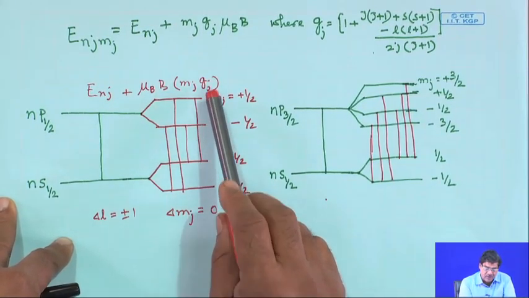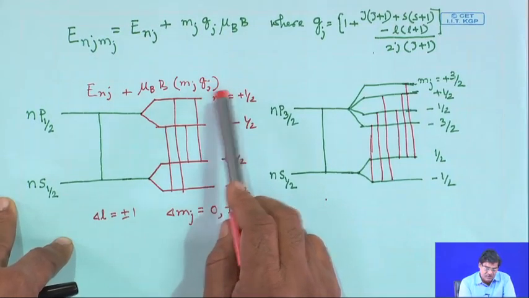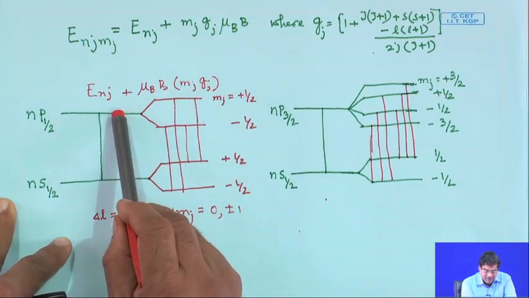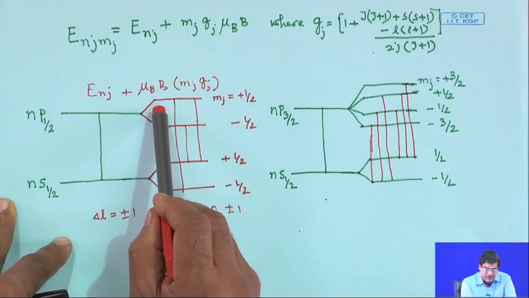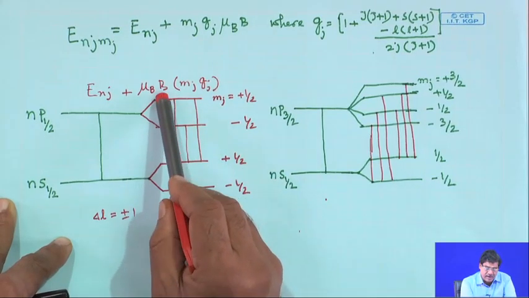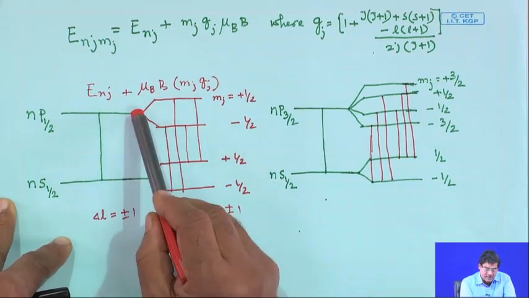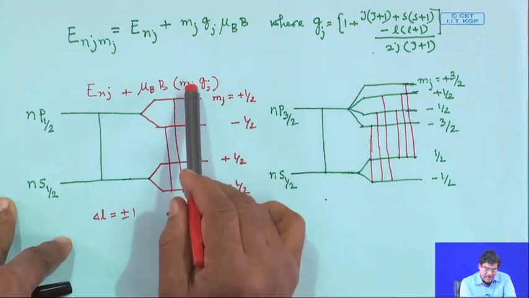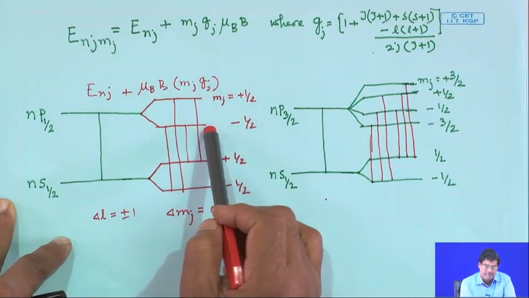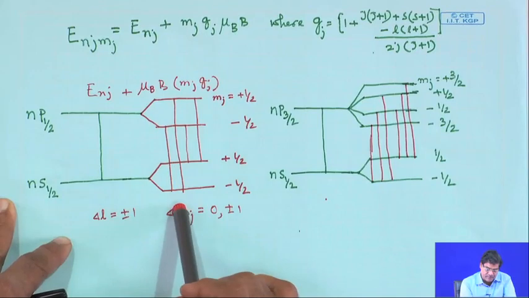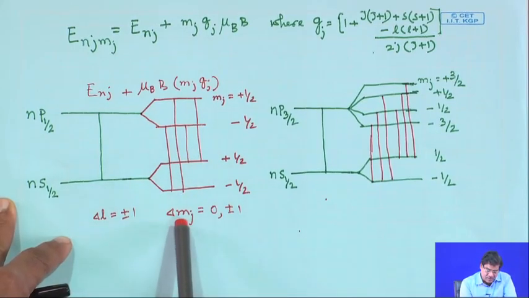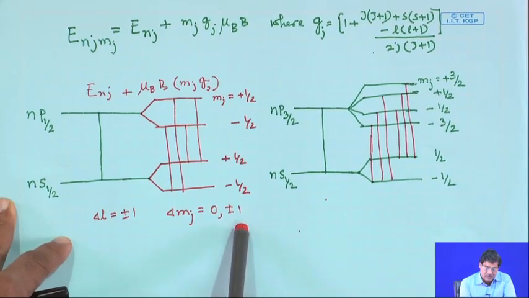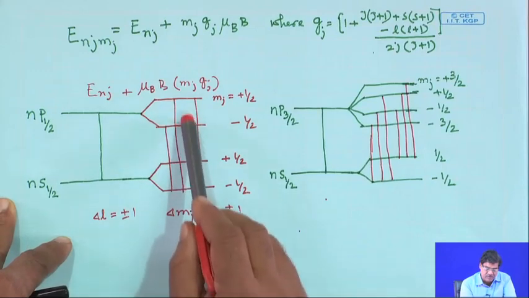Now, because of this g_J, this splitting will not be symmetric, it will be asymmetric. Symmetric means with respect to the original level, it goes up by the same amount and down by the same amount. In this case it will not be symmetric splitting. Considering the selection rule delta J equal to 0 plus minus 1, four transitions will be possible.